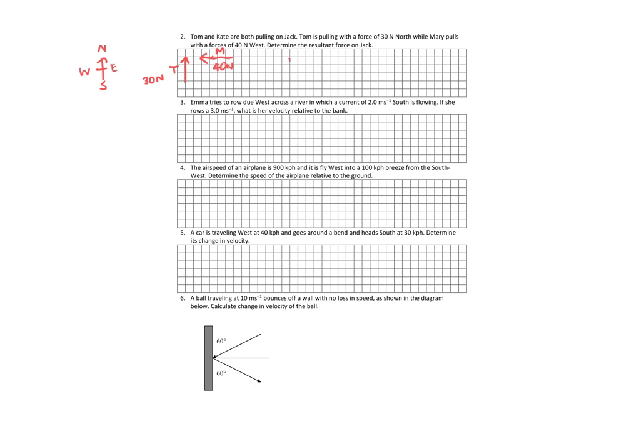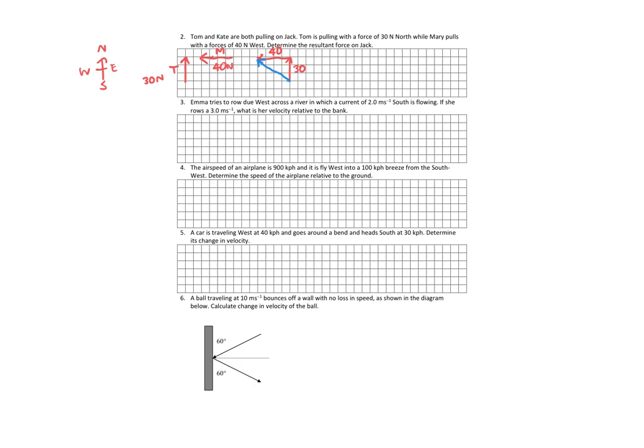So yeah, we have 30 north, and then we have 40 west, and the total force I can draw better than that, the total force will go there like that. How do we work that out? Well, we can see there that's a right angle triangle.